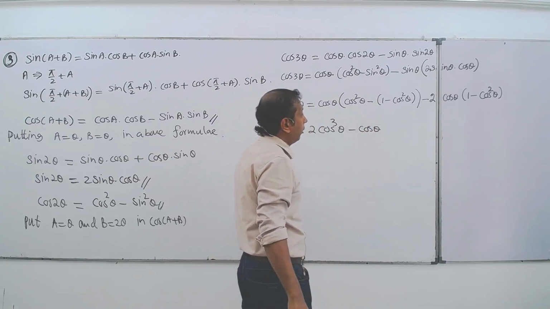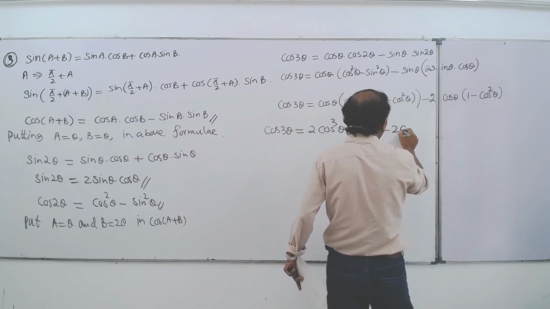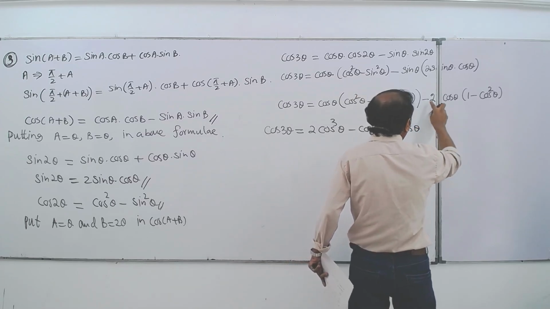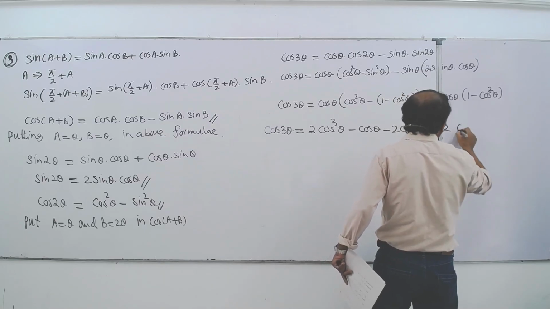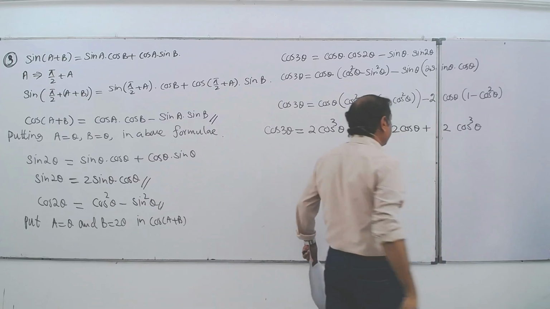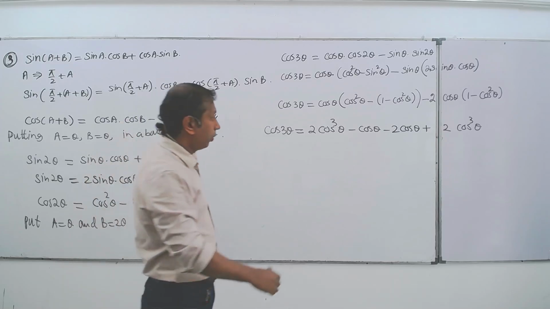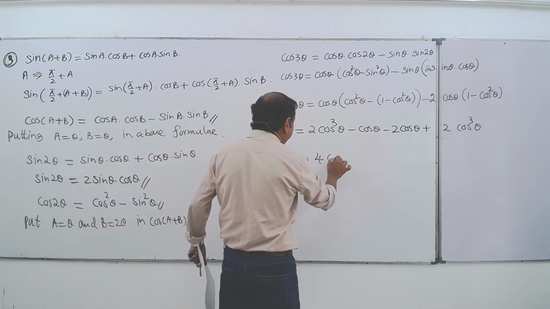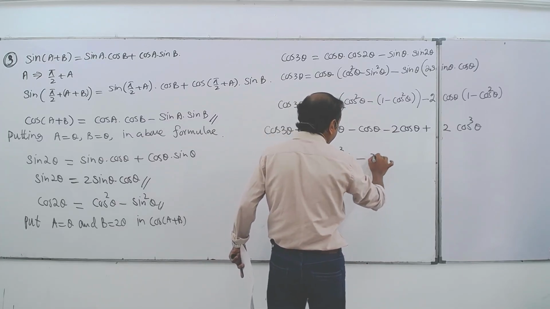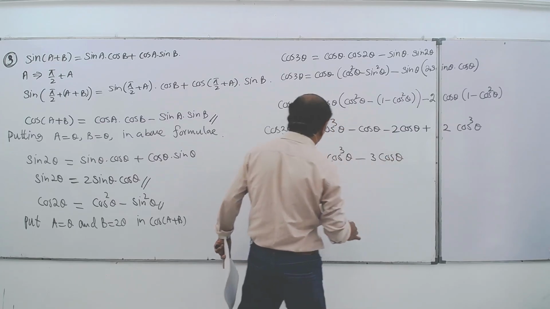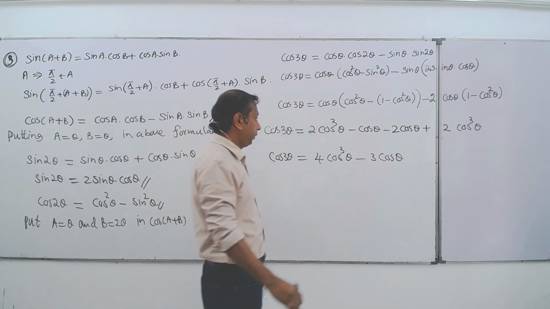Now here minus 2 cos theta with this minus 2 cos theta, minus and this minus make plus 2 cos theta cos square theta, which is cos cube theta. 2 cos cube theta and over there 2 cos cube theta together 4 cos cube theta, minus cos theta minus 2 cos theta, minus 3 cos theta. This is the formula for cos 3 theta. That also we got.